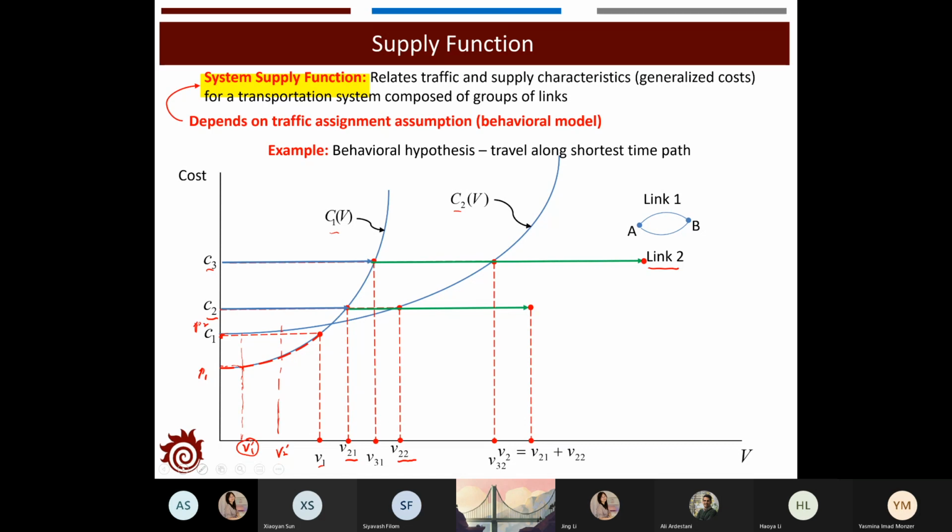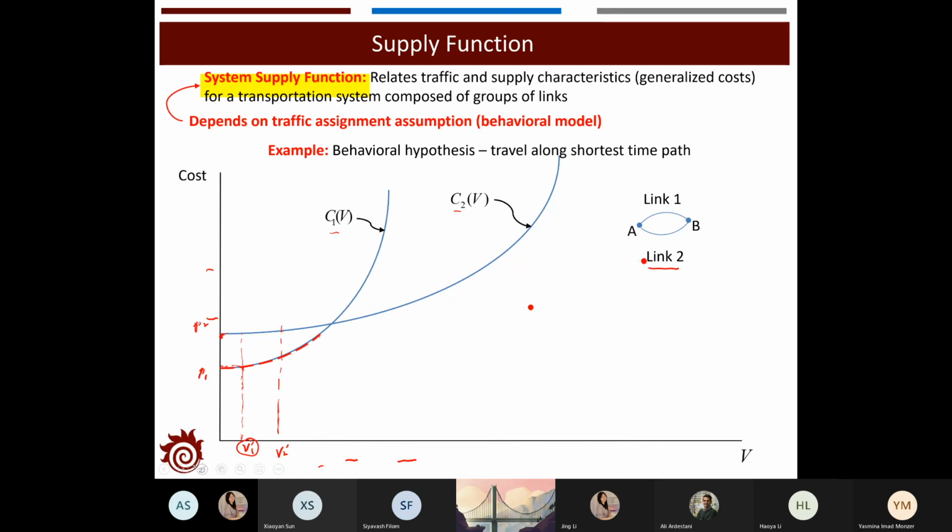And then you can check all the other points. Eventually, if you put them together, you will get an updated cost function for these parallel links.